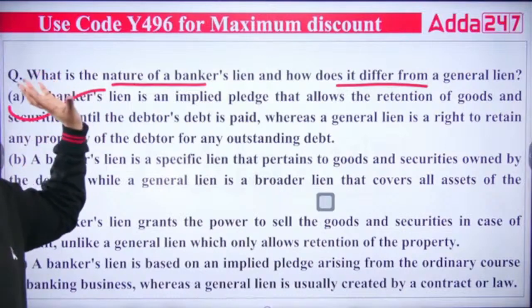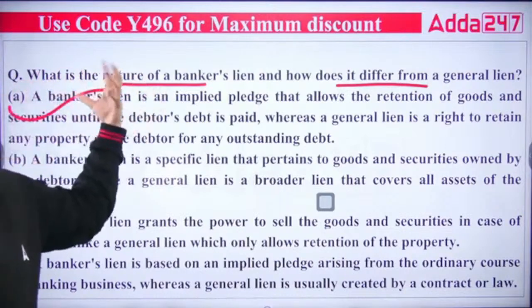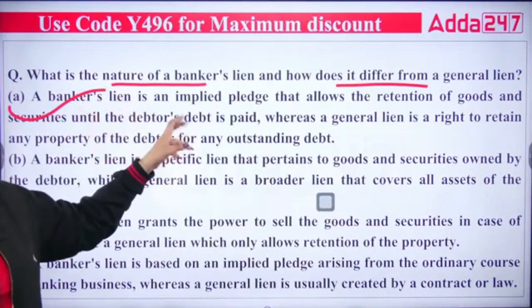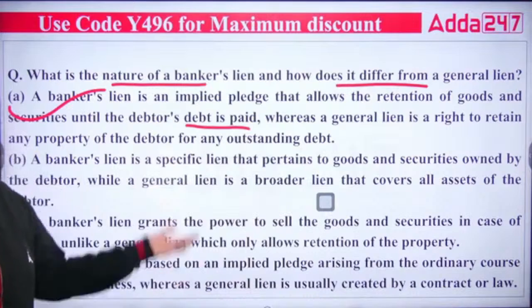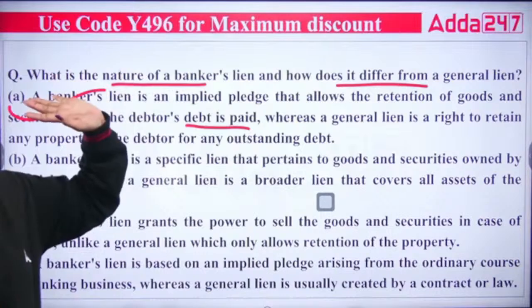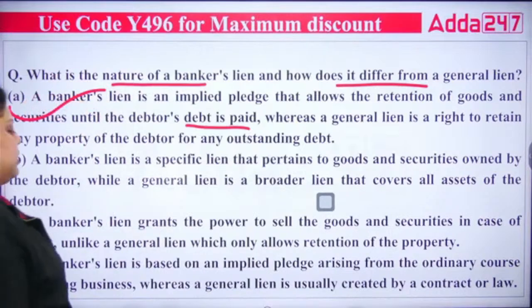Retention means the bank can have possession of that particular property or goods the customer has given until and unless his debt is paid. Okay, when it comes to the general lien, it's the right to retain any property of the debtor for any outstanding debt. So the right answer will be your A option.